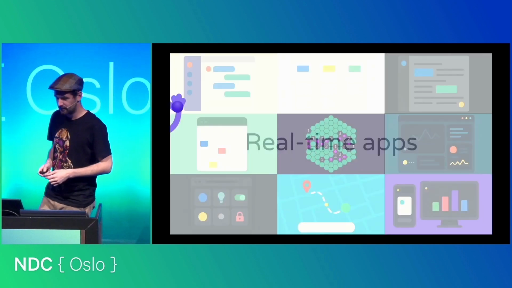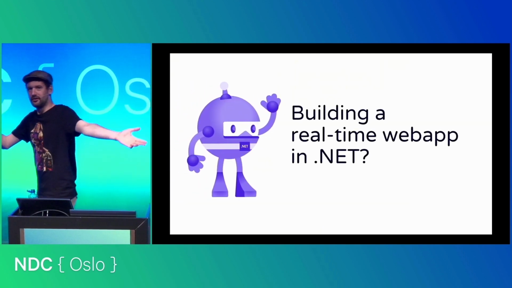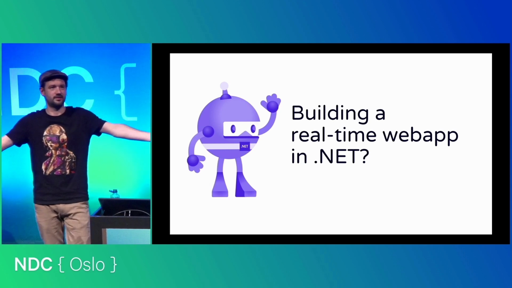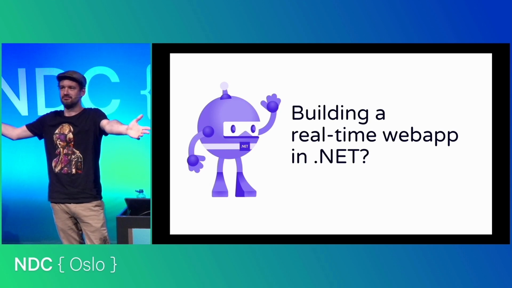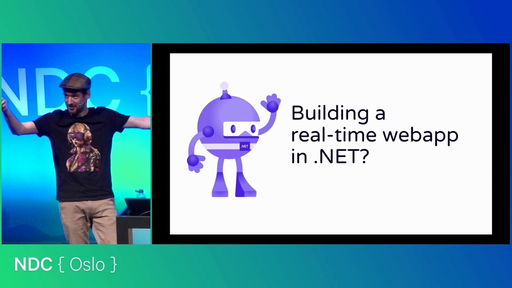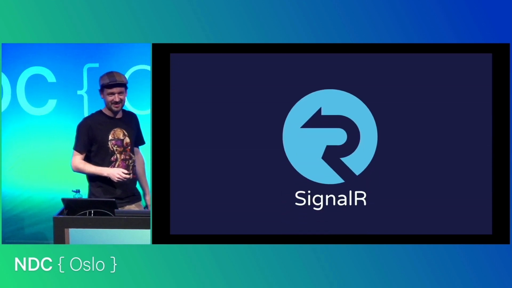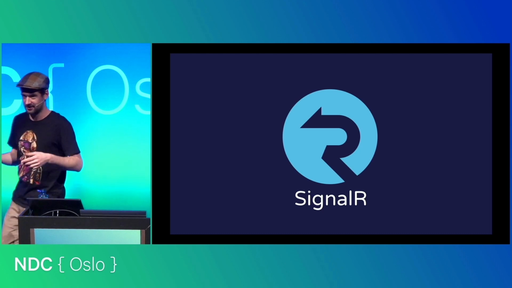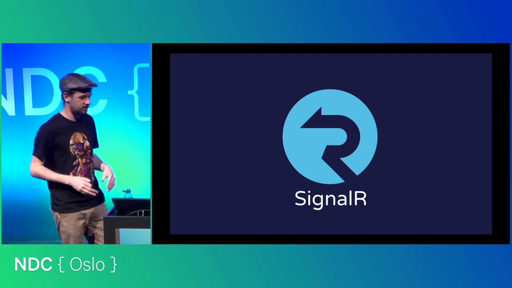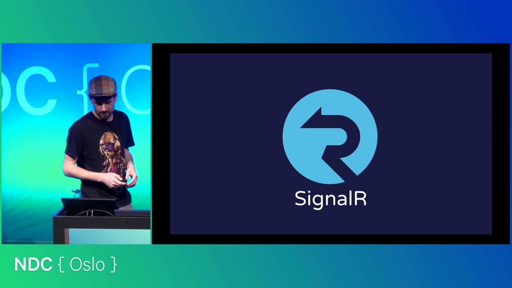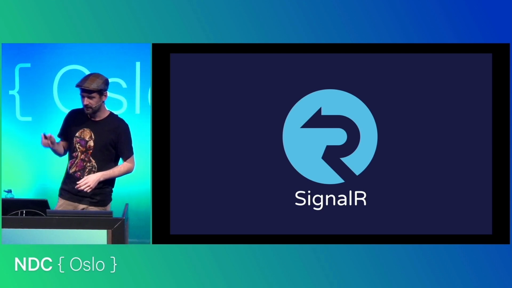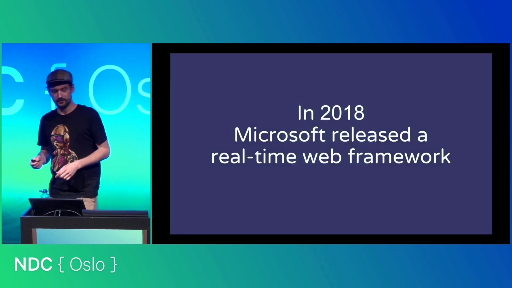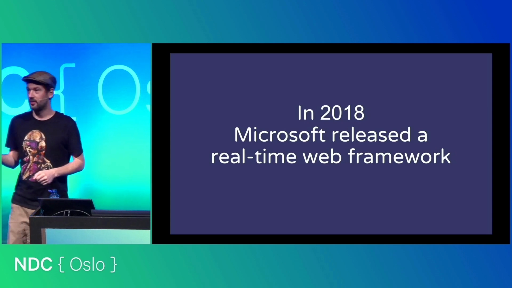So if we want to build a real-time web app in .NET, what would we use? SignalR. Yes, we're definitely going to use SignalR, at least if we're .NET developers. But in 2018, Microsoft released a real-time web framework.